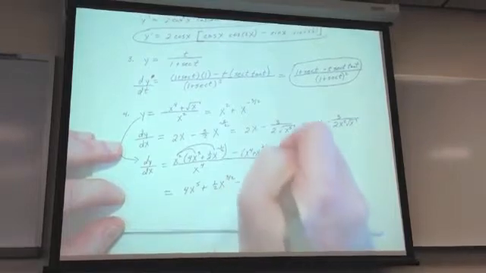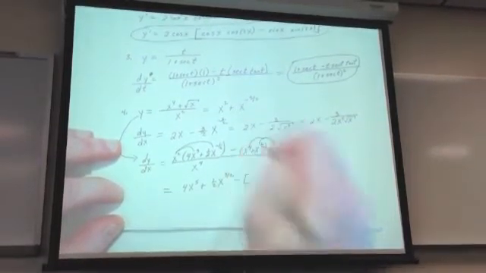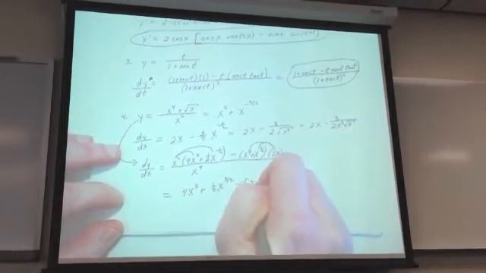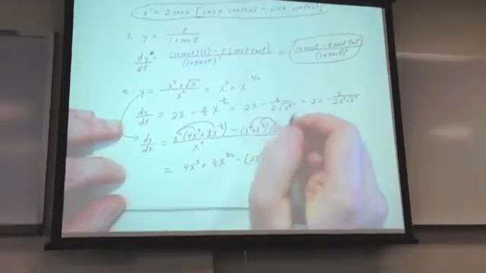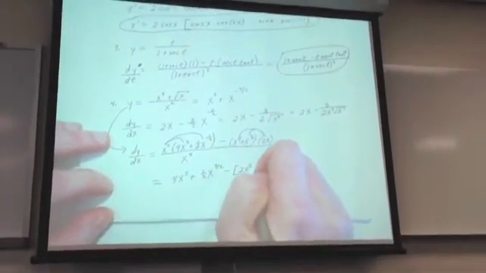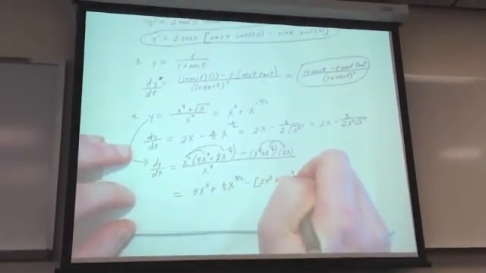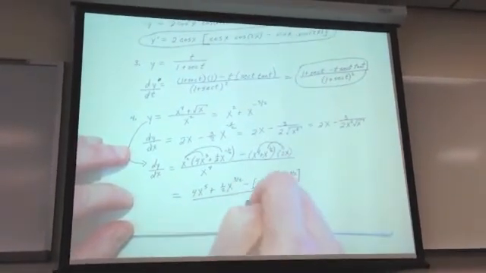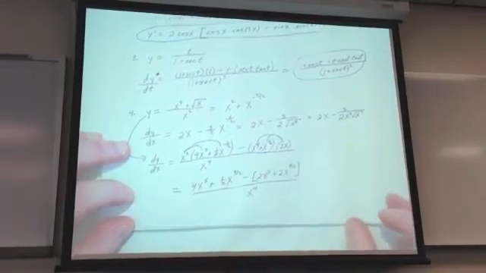Minus the group 2x distributed through this one. That'd be 2x to the fifth. And then x to the first times x to the 1/2 is x to the 3 over 2 power. All of this is divided by x to the fourth still.